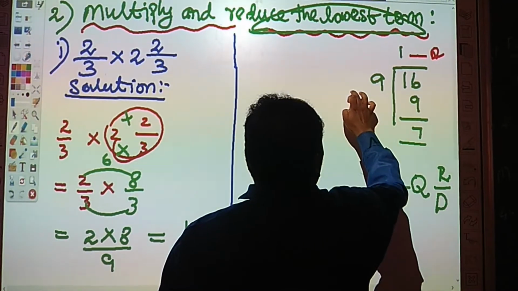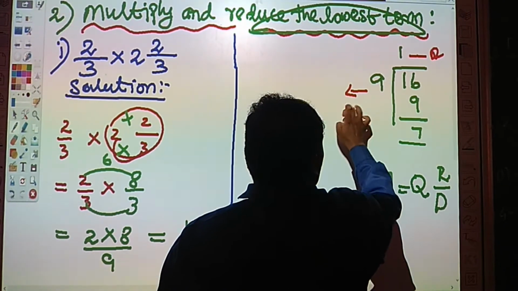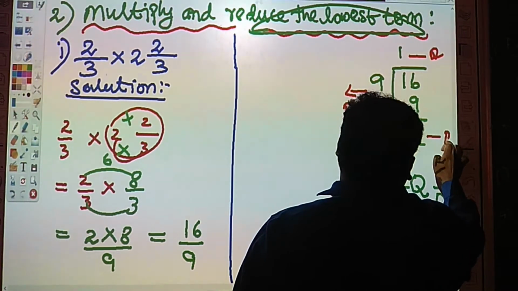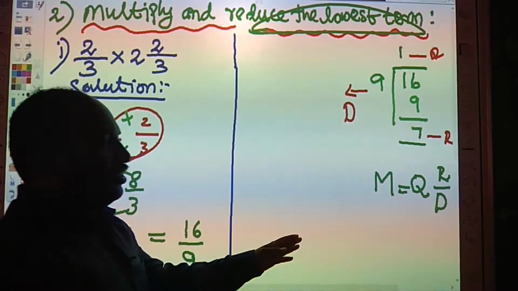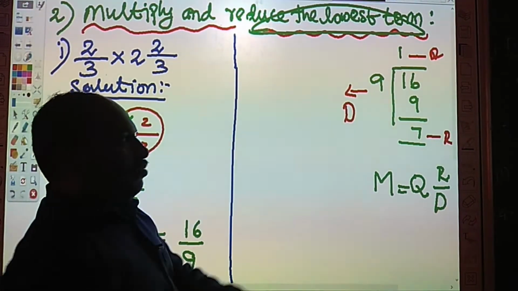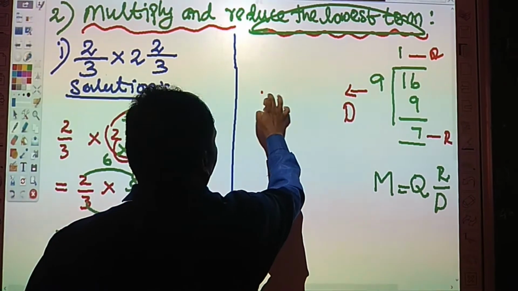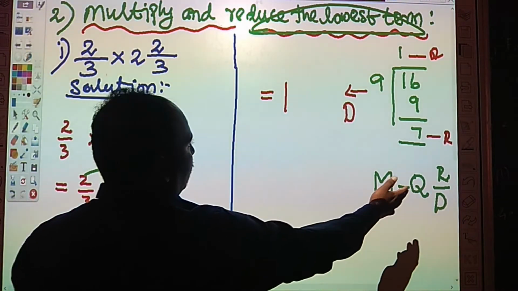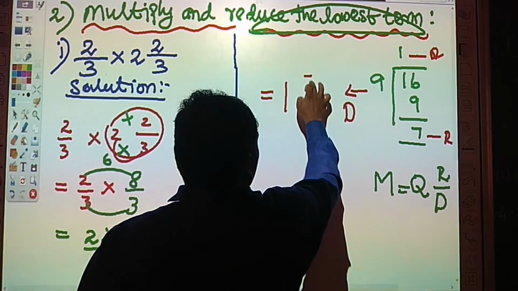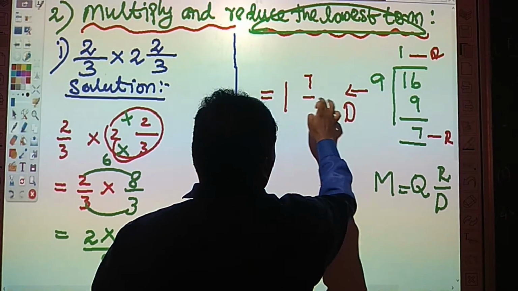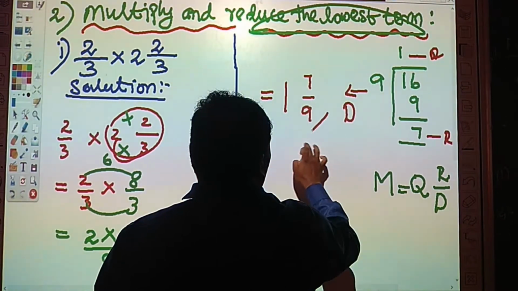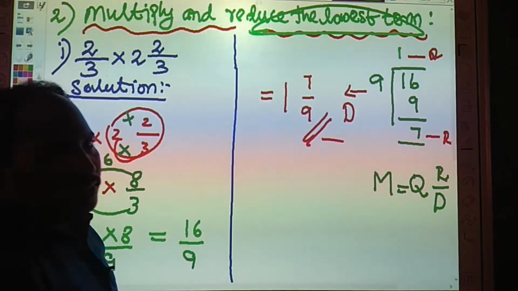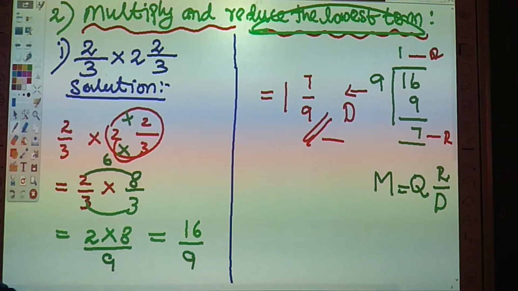So mixed fraction is equal to q into r by d. Our q is 1, r is 7, and the divisor part is 9. So our answer is 1 into 7 by 9. The next one.